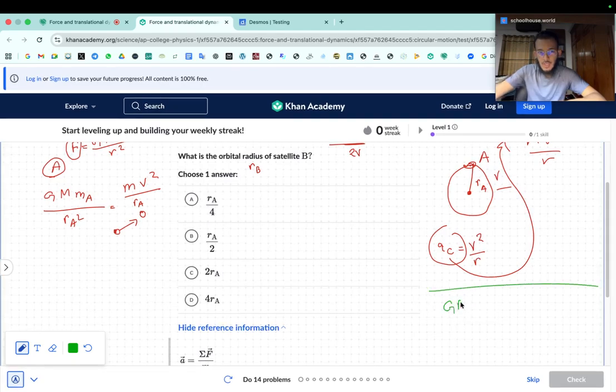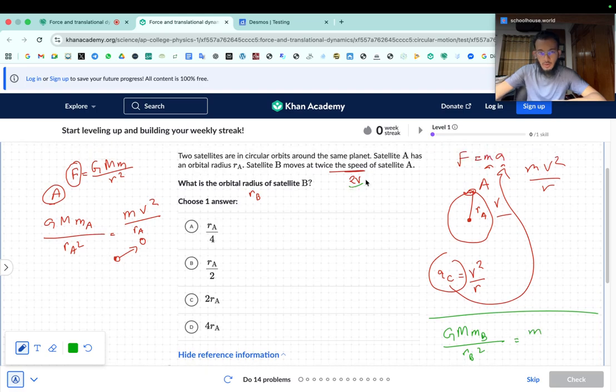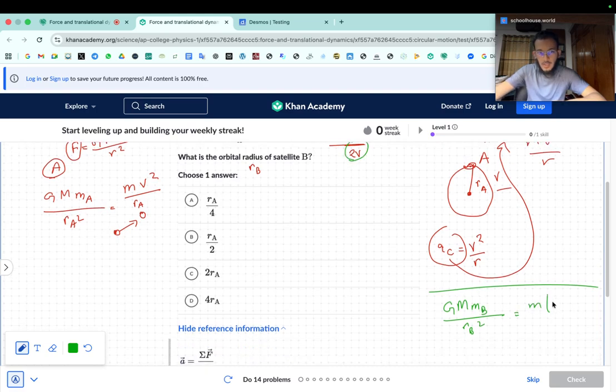So this will be GM times m of B over r of B squared equals m, and now for satellite B we have m times 2v squared upon rB.